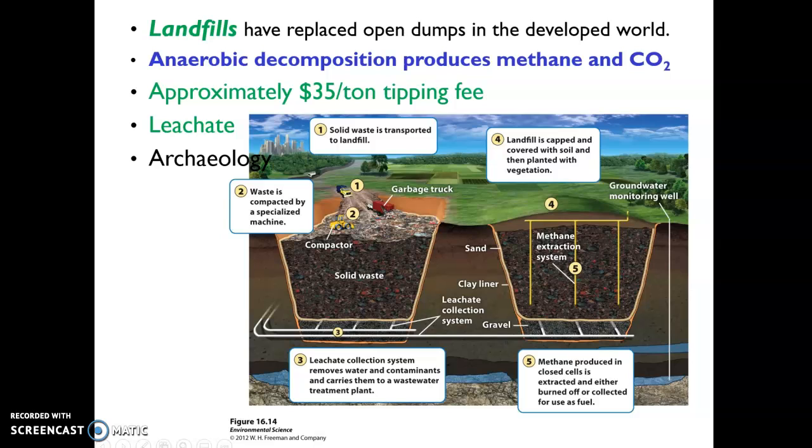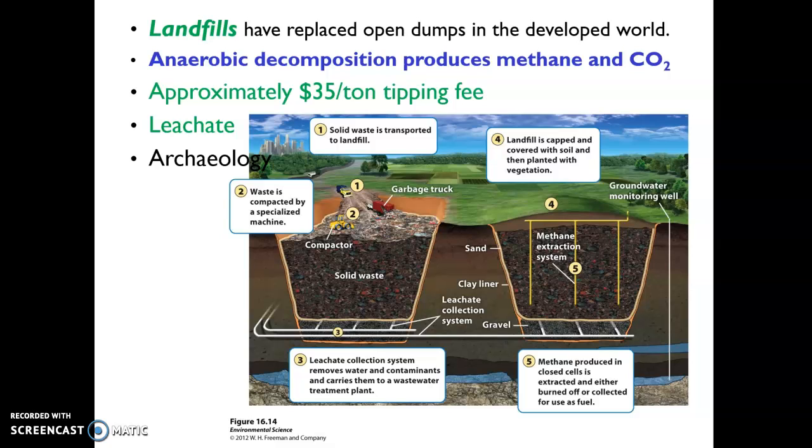Now here we have a diagram of landfills, and the way it works, let's just take a look at the cycle here first, and we'll look at these other words later. So solid waste is transported to a landfill, usually carried in garbage trucks. And then it fills into this very large hole that's dug in the ground, and it's compacted to fit as much solid waste in there as possible.